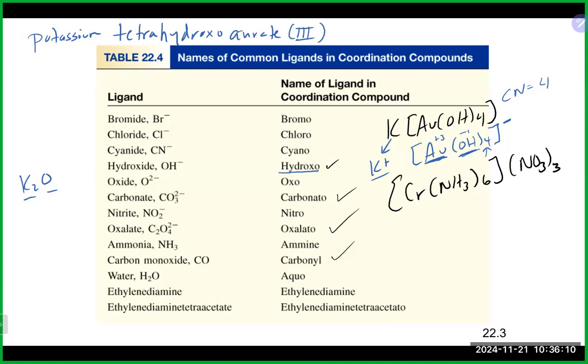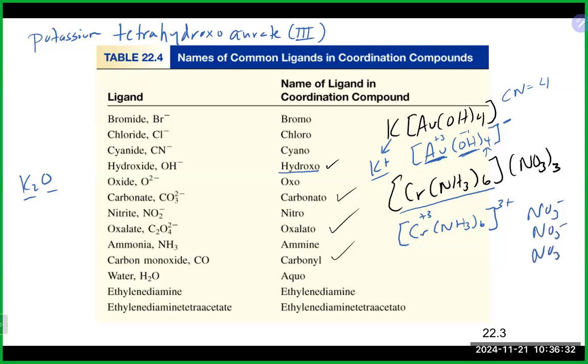Now, if we take a look at this one, as we saw earlier, this is our complex ion, and it has a positive 3 charge, as the chromium here has a positive 3. And obviously our nitrate here is our counter ion.